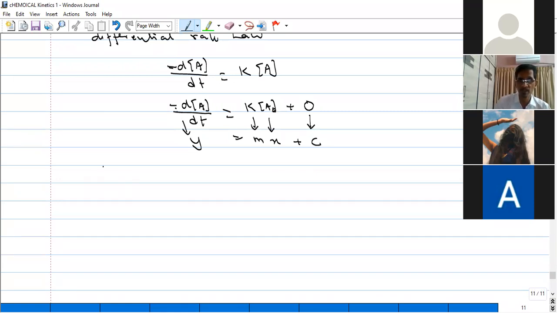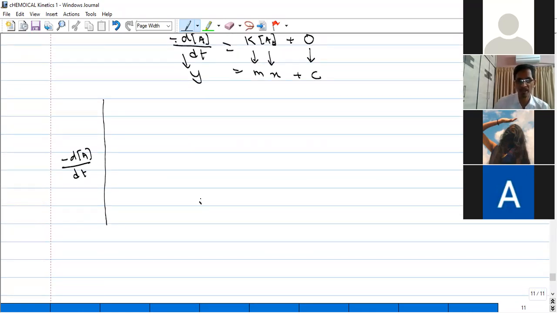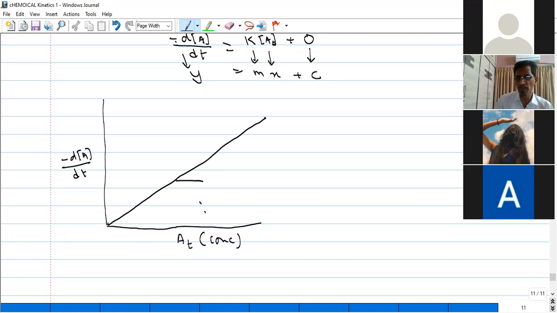So if you plot minus dA upon dt on the y-axis and on the x-axis you take At, that is concentration, you'll get a straight line passing through the origin, and the slope of this line will be equal to m, because this is a slope. c is 0, so y is equal to mx plus c, c's value is 0.